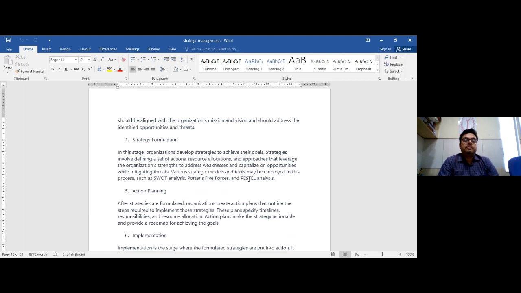Once various strategies are formulated, organizations may create action plans that outline the steps which are required to implement those strategies. These plans can be specific in terms of guidelines, timelines, responsibilities, and resource allocations.